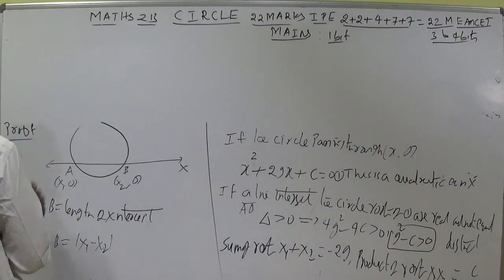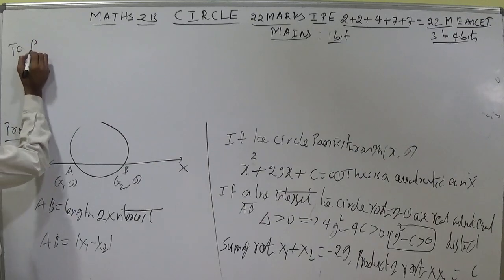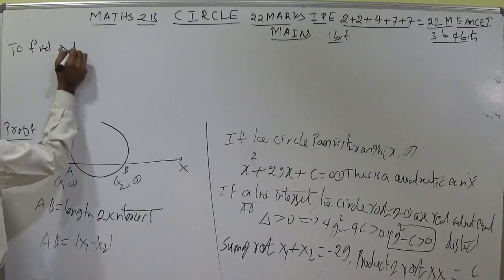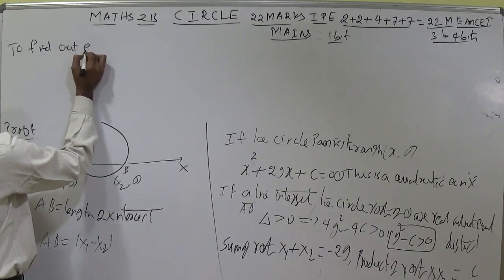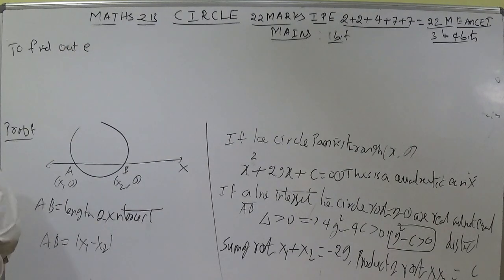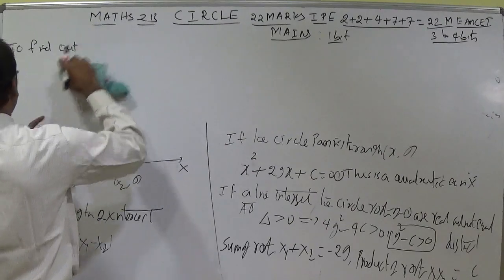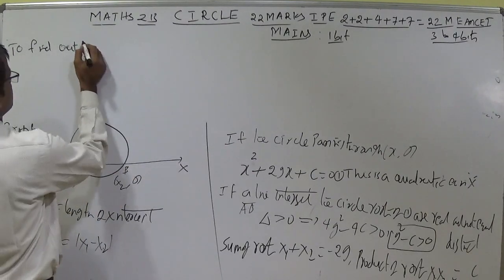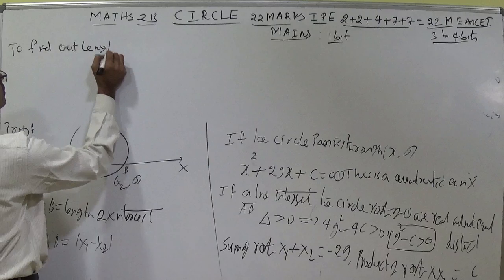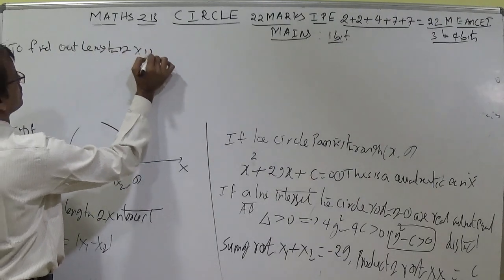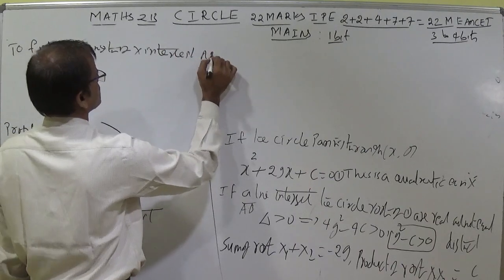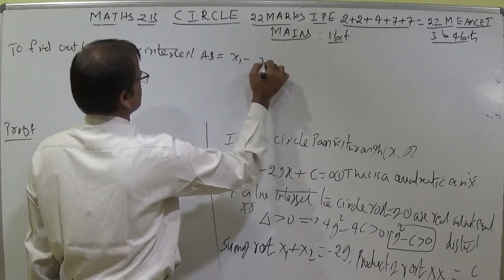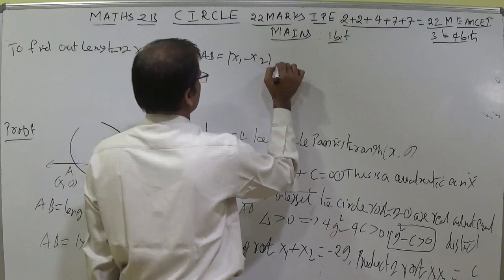To find the length of x-intercept, which is nothing but AB, AB is equal to modulus of x1 minus x2.